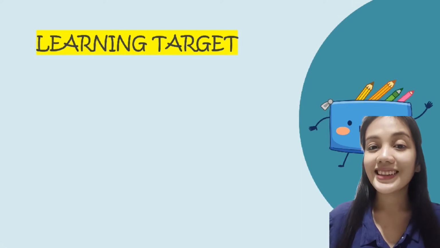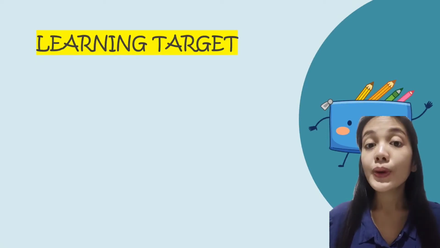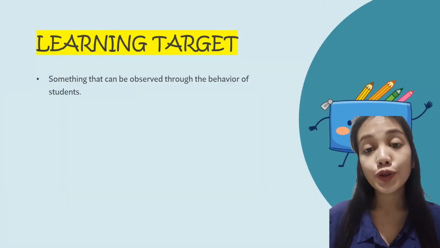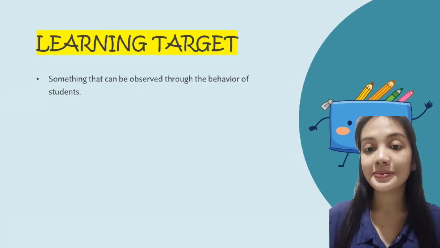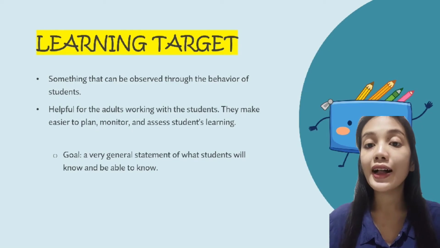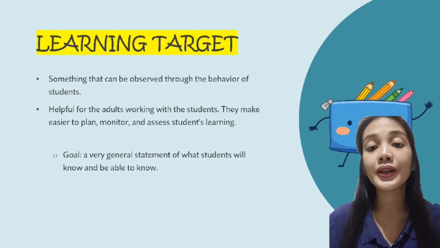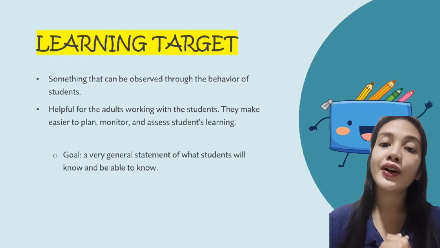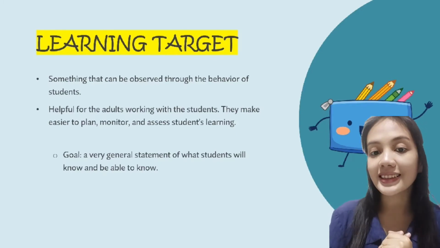First, what is a learning target? A learning target is something that can be observed through the behavior of students. It's also helpful for the adults working with the students, making it easier to plan, monitor, and assess students' learning.